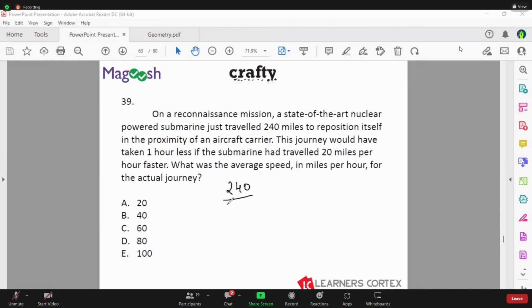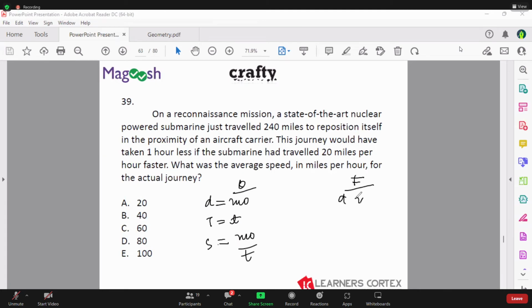So 240, this is for the original. So original distance would have been 240. Original and faster we are talking about. So distance here is 240 and time here is t. So speed is equals to 240 by t.